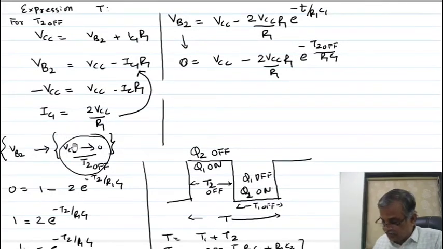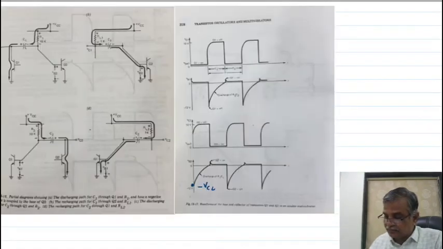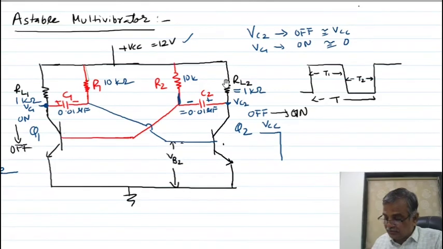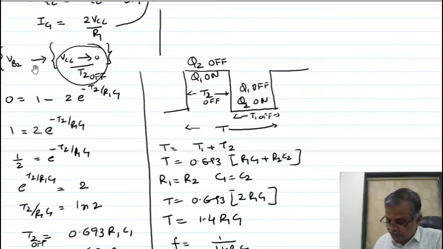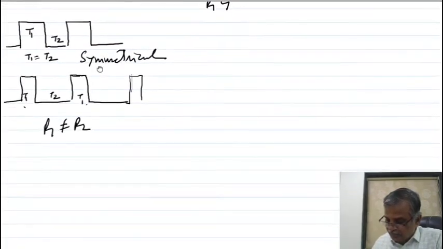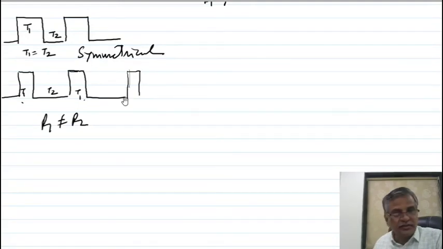I will show you variable resistors in this circuit. If these two resistors are variable, then you will get unsymmetrical output, which is not symmetrical output.